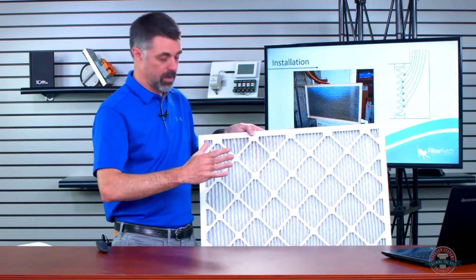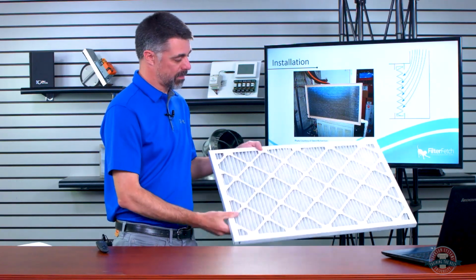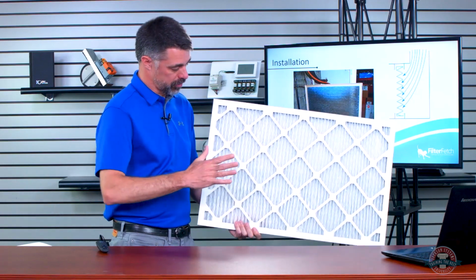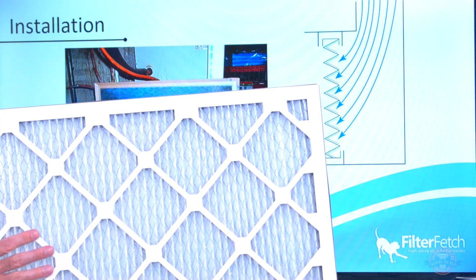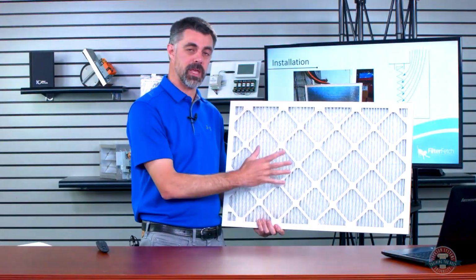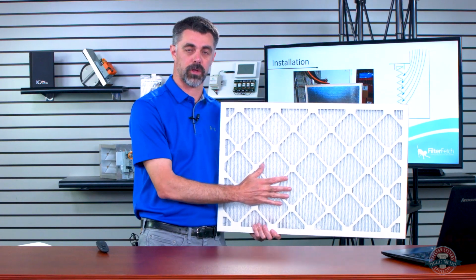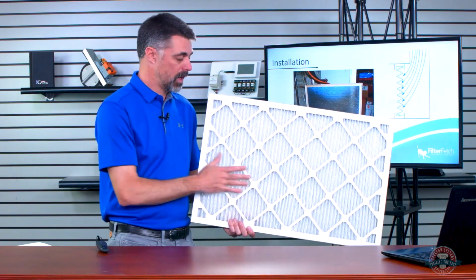So if we put that filter in backwards, a lot of times what's going to happen is the air is going to push on this metal mesh instead of go this way. It's going to push into it, and it can potentially collapse that media out into the blower compartment if it's too close to the blower compartment. You have a lot more filter collapses that way.